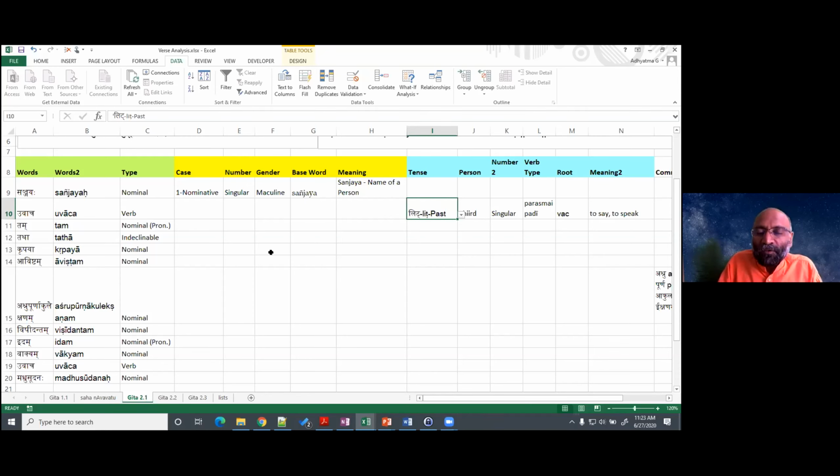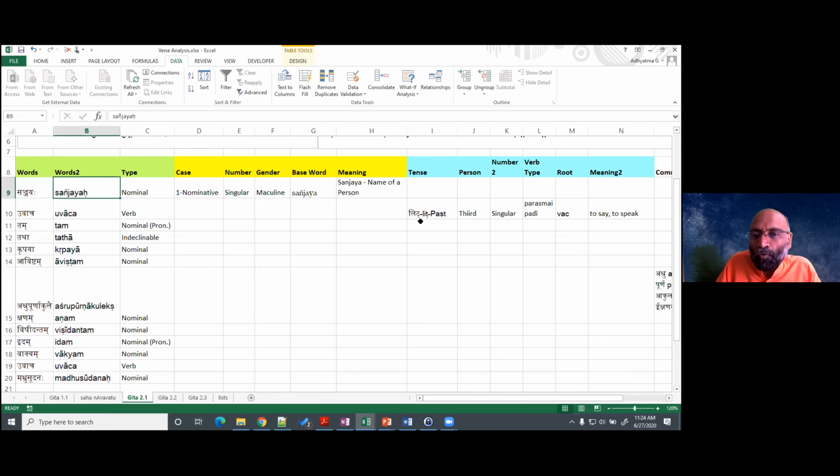When you identify a verb form, then you have to identify who is the doer of that verb. The verb represents the action. Even if it's an action of standing, sitting, or sleeping, it's still considered a verb, an action in Sanskrit. And there should be a subject, the doer of that action. So uvacha is the verb form, and Sanjaya is the subject.